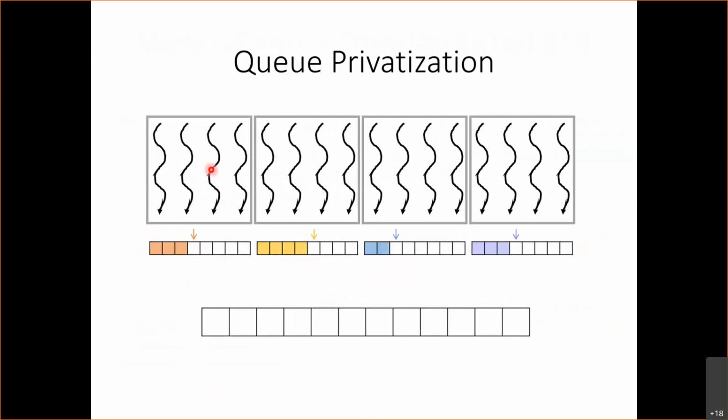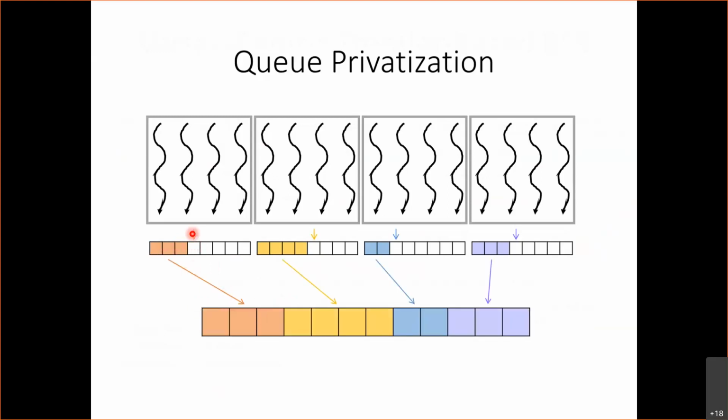And then when each thread block finishes filling up its own queue, each thread block can do one atomic operation on the global one to allocate space for its values, and then it can write its values out to the global queue.